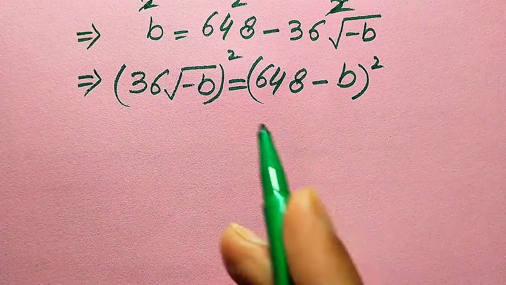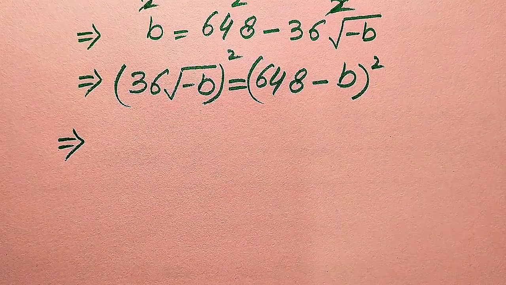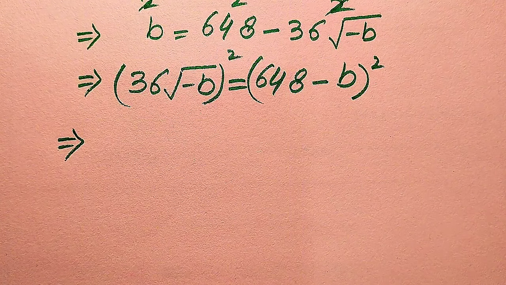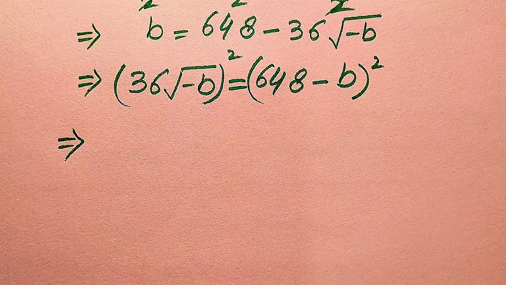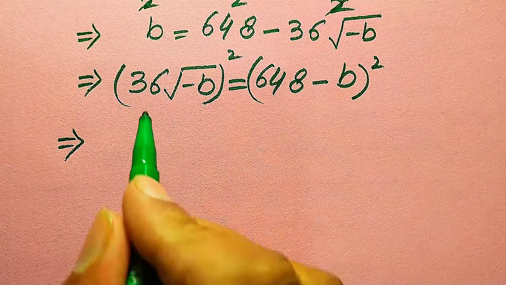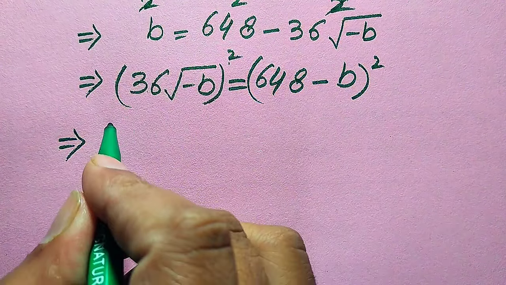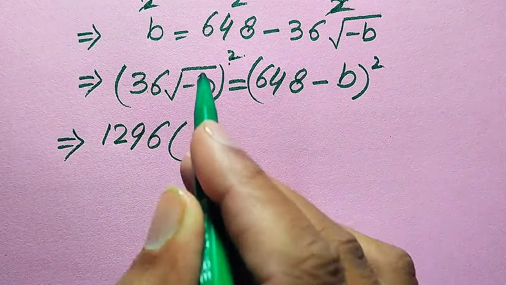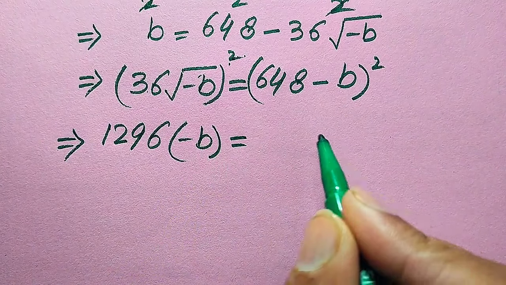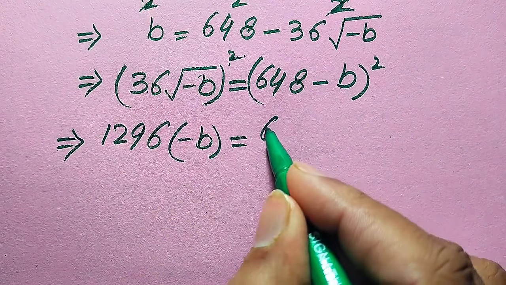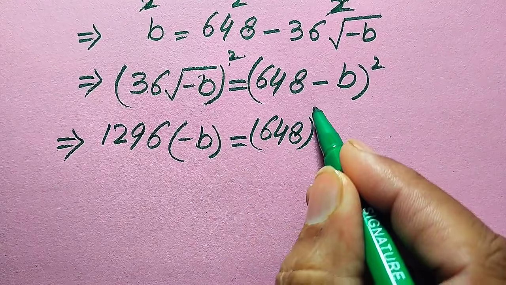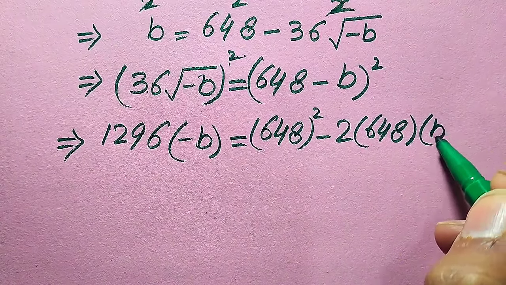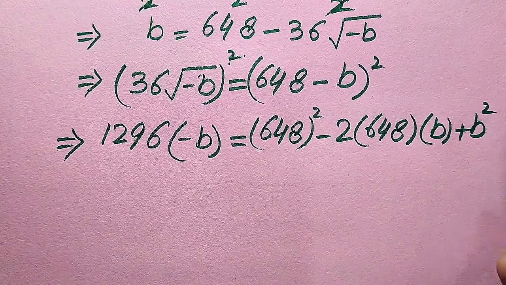So according to the above formula, we write this term as, so here we apply the square on 36, and we know that 36 square is equal to 1296, and when we apply this square on these terms, 2 and square root are gone, and we get here minus b is equal to, here we need to use this formula, and it will become 648 whole square minus 2 times of 648 into b plus b square.